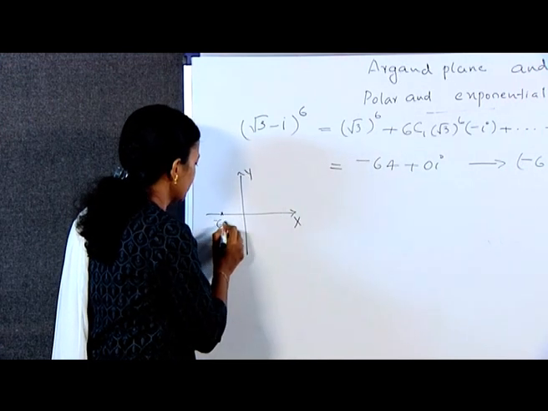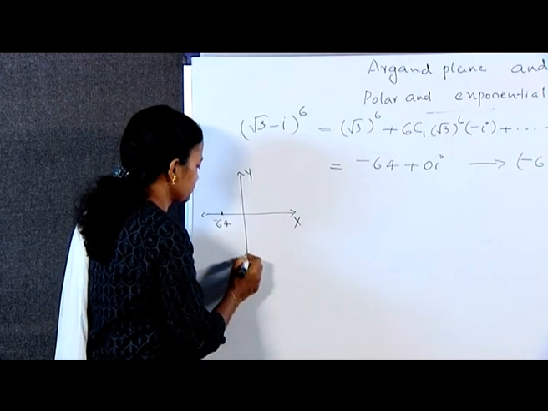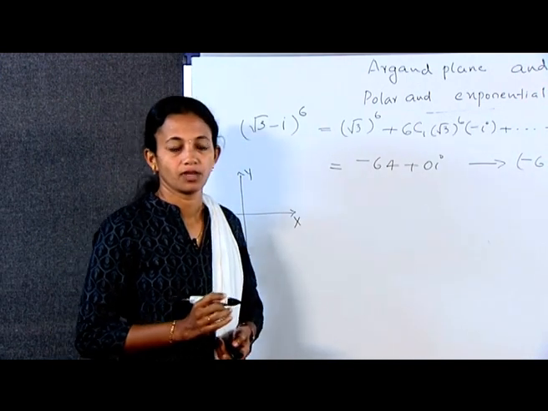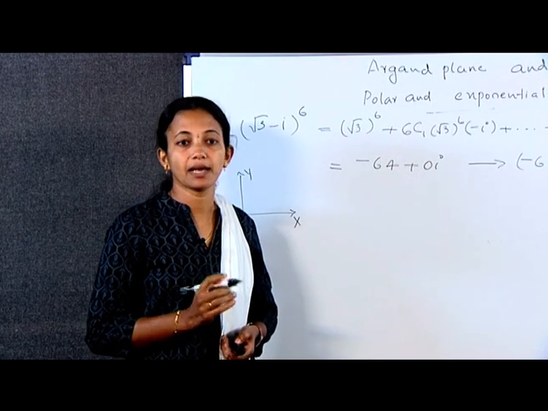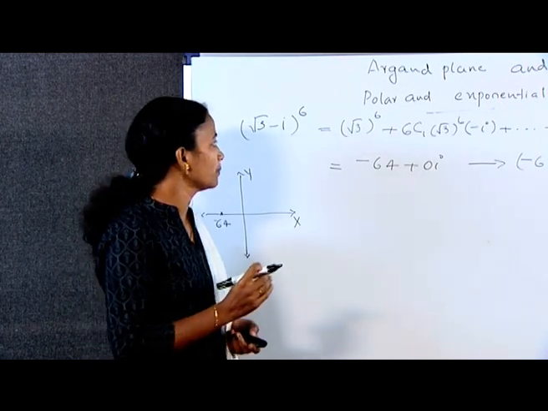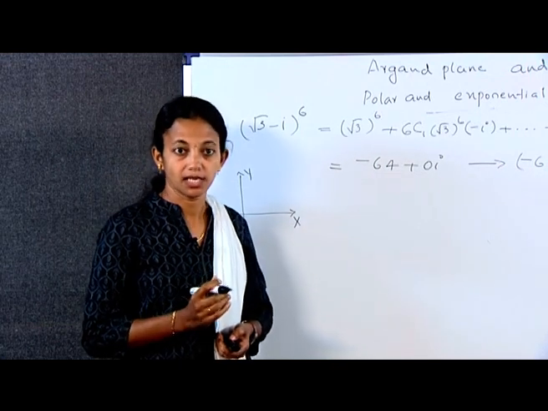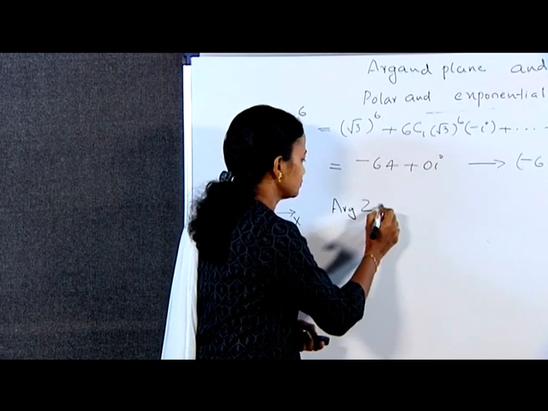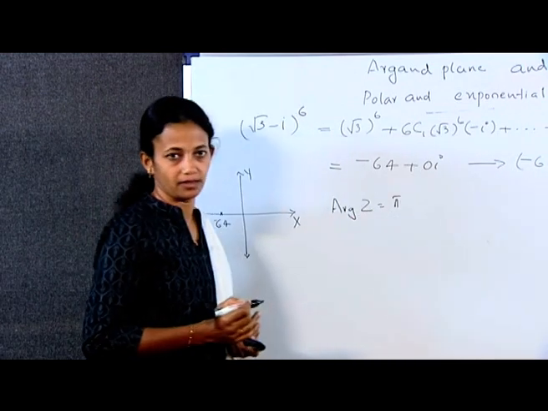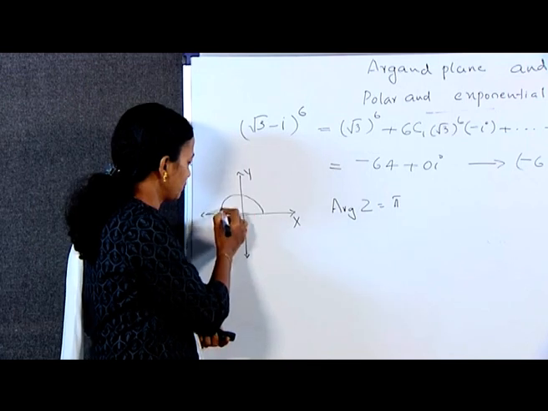Here we have minus 64. Hence, from the figure it can be seen that the principal amplitude of root 3 minus i whole raised to 6 is argument of z is equal to pi.